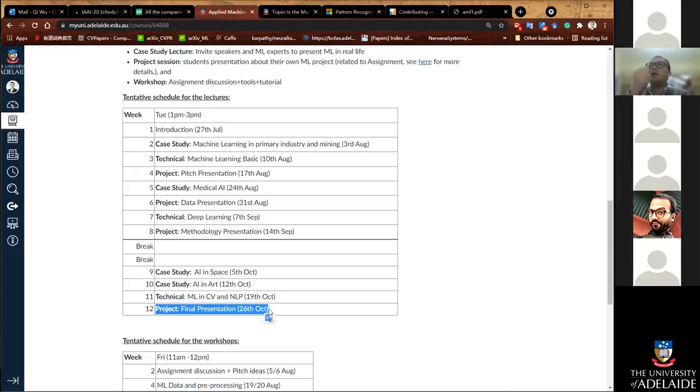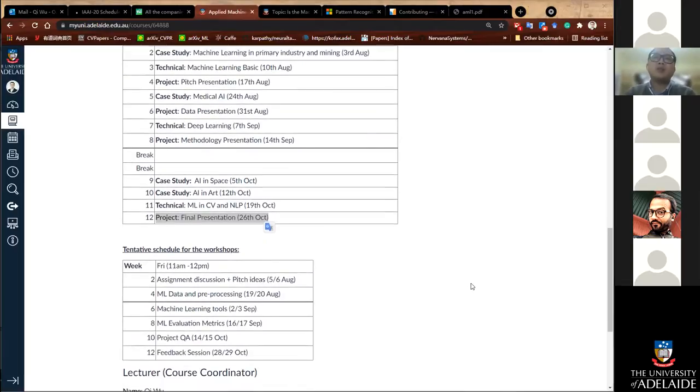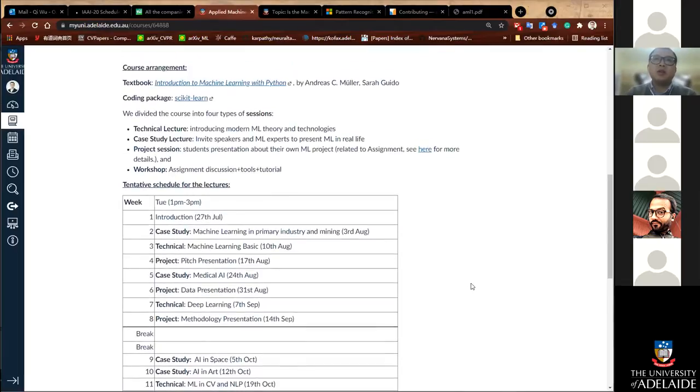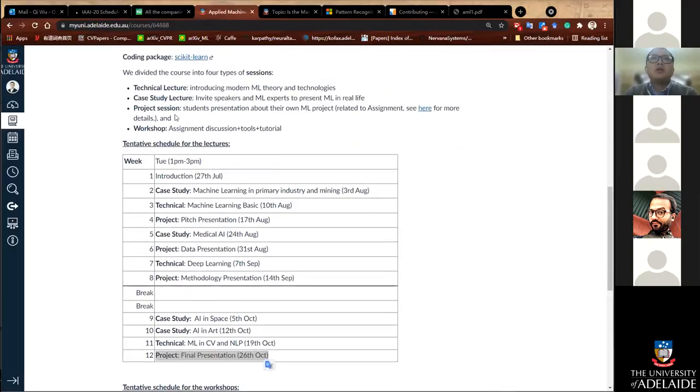And of course, if you can learn when and why machine learning cannot be helpful for this direction or this application, it's also very useful. That's also good for you, good for this course, right? So we're not asking you to implement an algorithm to achieve 100% accuracy on some specific applications. So that's about the project session, and I will introduce the assignment later, so you will get more details.